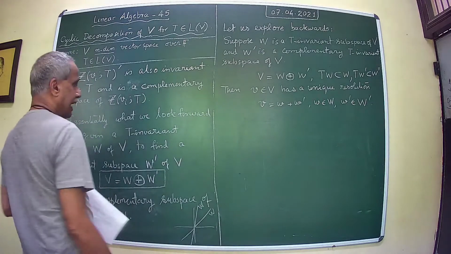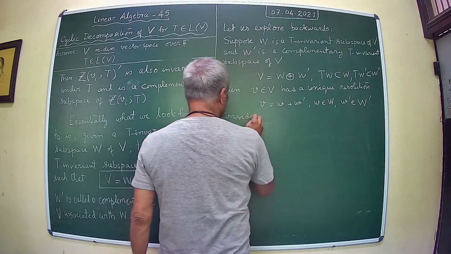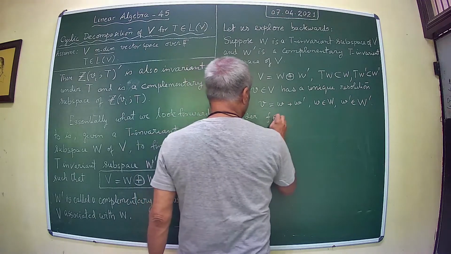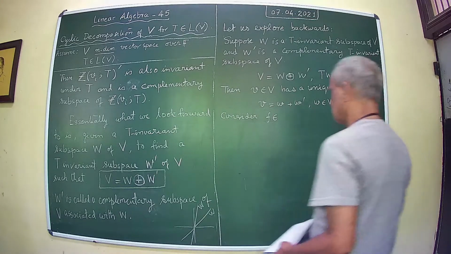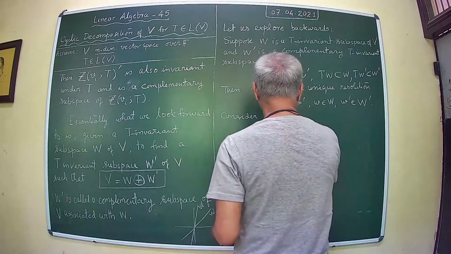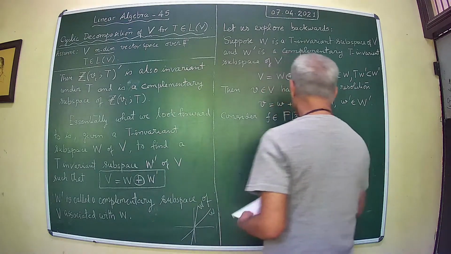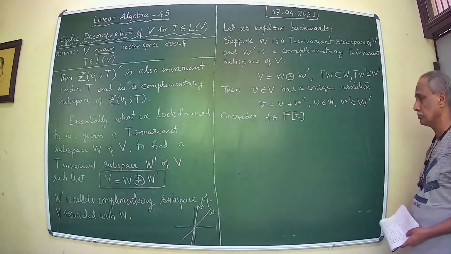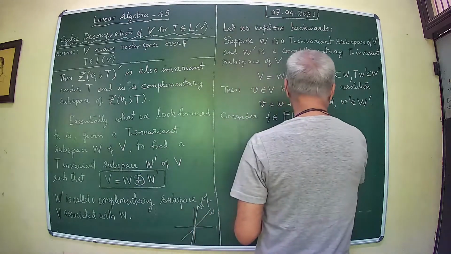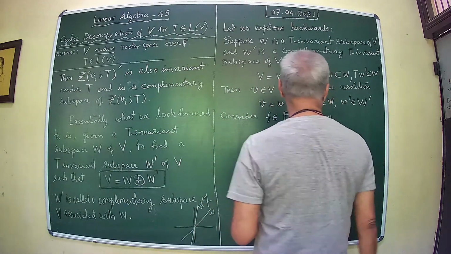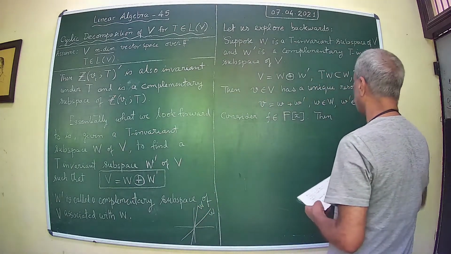Now take any f, not necessarily the characteristic polynomial, in the polynomial algebra associated with F. Then what we have is TW is contained in W, TW prime is contained in W prime.